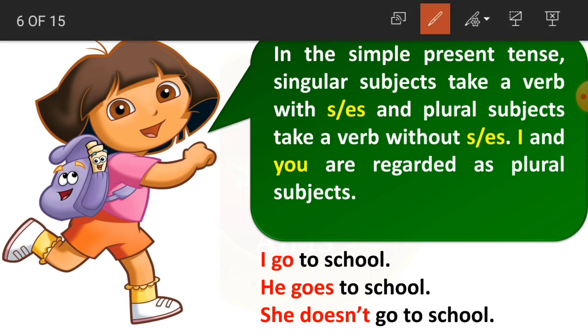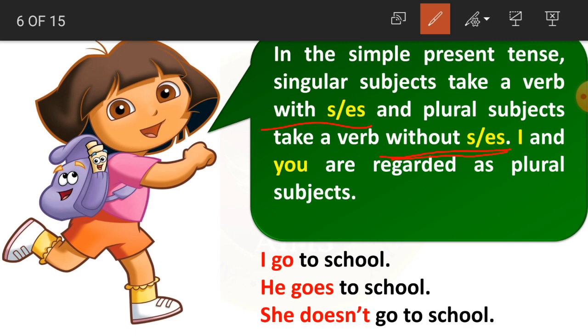If the sentence is in simple present tense and the subject is singular, then the verb is going to be with s or es. If the subject is plural, then the verb is without s or es. Singular with s or es, plural without s or es.